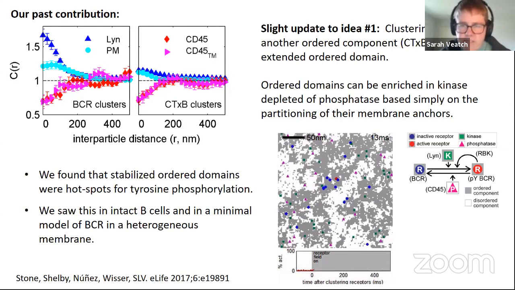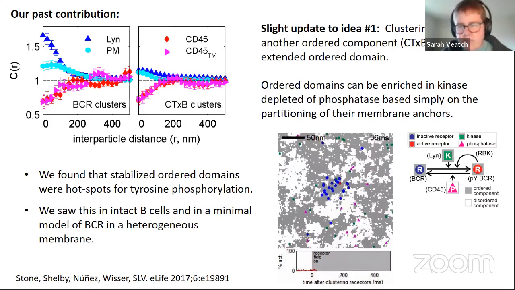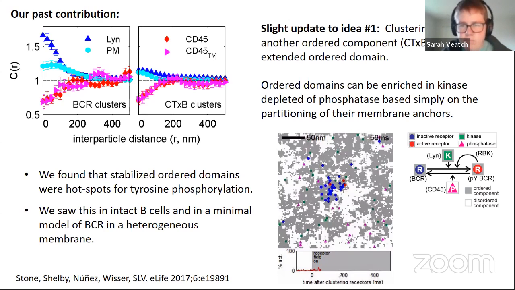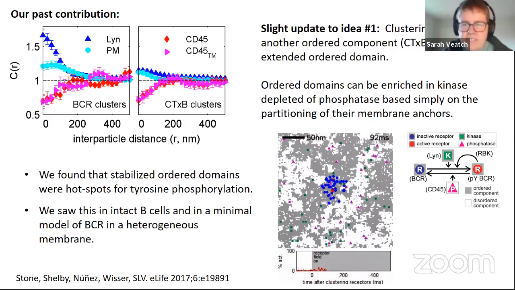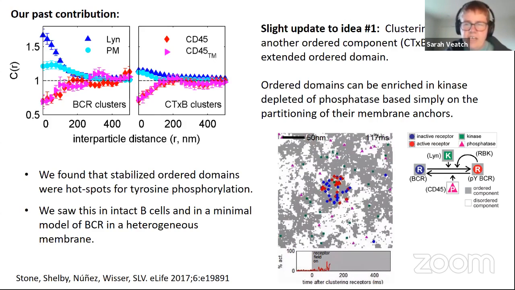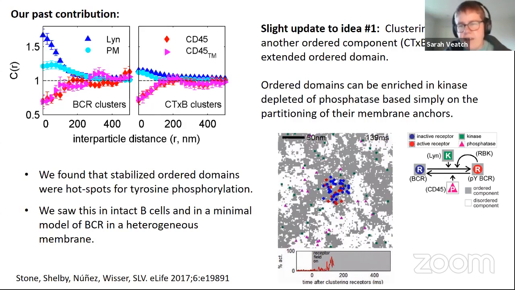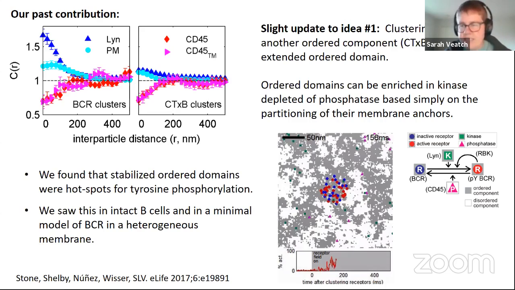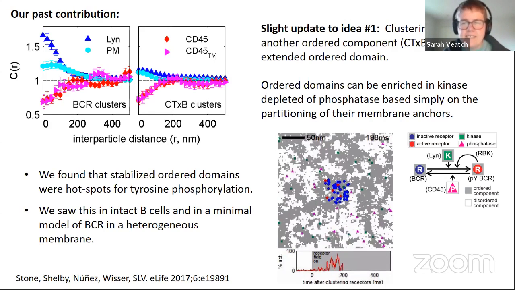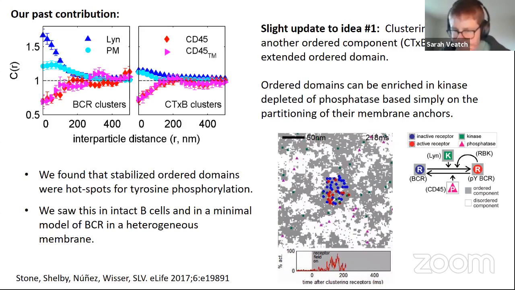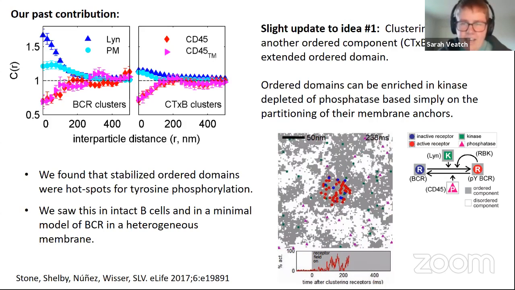And what's going on in this model is, at time equals 0, I'm just clustering these blue receptors, and simply clustering them in the middle of the simulation box is enough to give rise to their collective activation, simply because we're changing the local concentration of these kinases and phosphatases in this heterogeneous membrane.